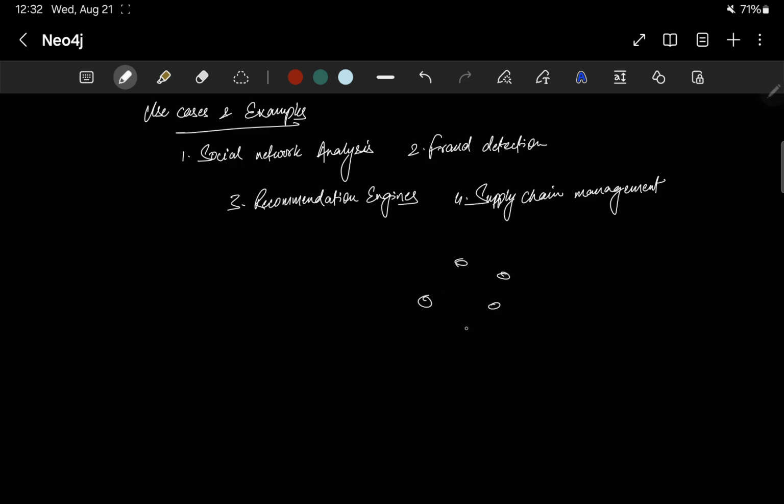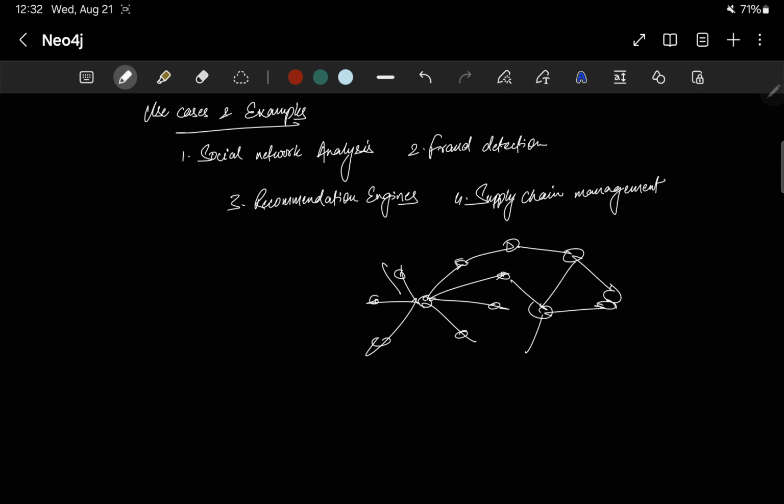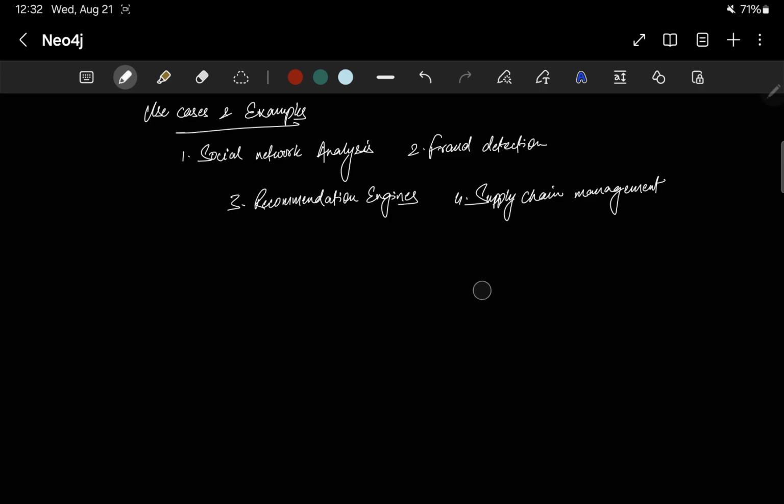Like again, if you see Google Maps or any map, it's just a connected graph, right? So this is connected to this. This is how the modeling happens, and this works really well in supply chain as well. Using these graphs, it's easier for supply chain people to model the most efficient route for their delivery or for logistics or for their inventory, a lot of things. So Neo4j plays a very important role there as well.